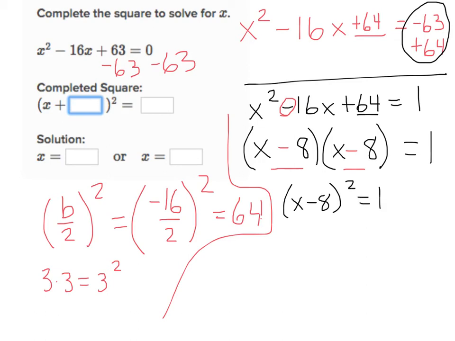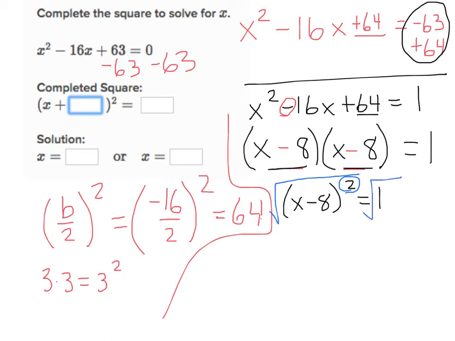X minus 8 times x minus 8, this times this, is the same thing as x minus 8 squared. Now, how do we solve this equation where this is squared? How do we get rid of that squared? Well, we square root both sides, because the opposite of squared is square root. Say it. The opposite of squared is square root.